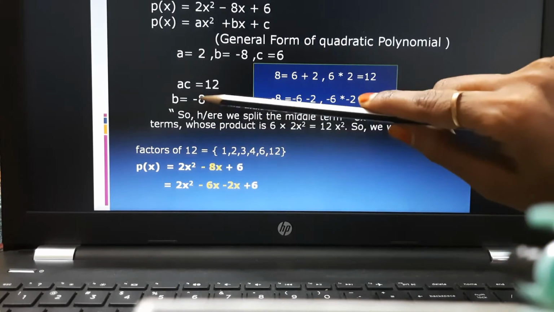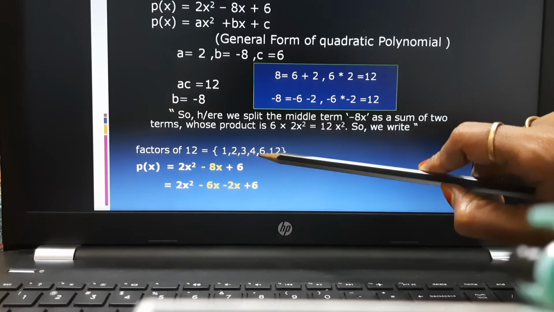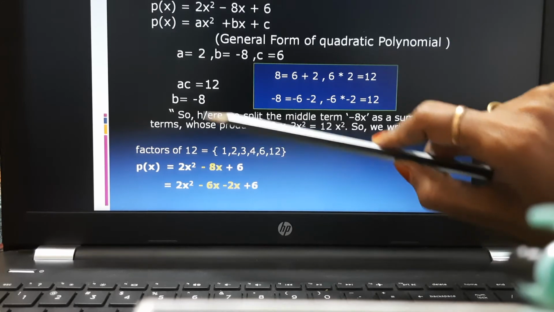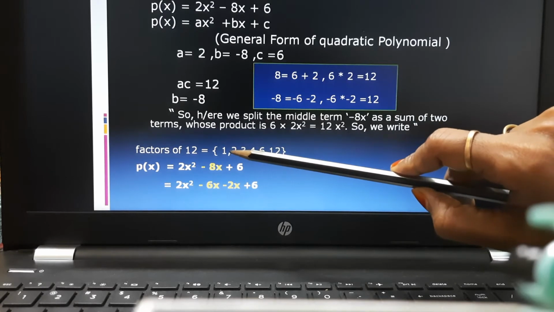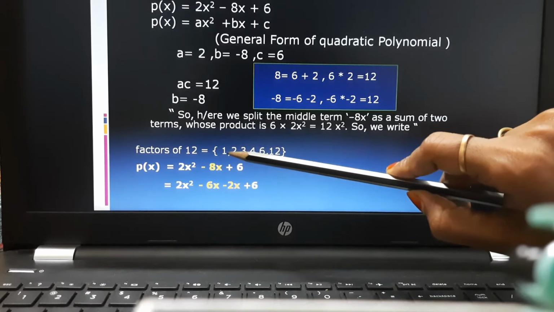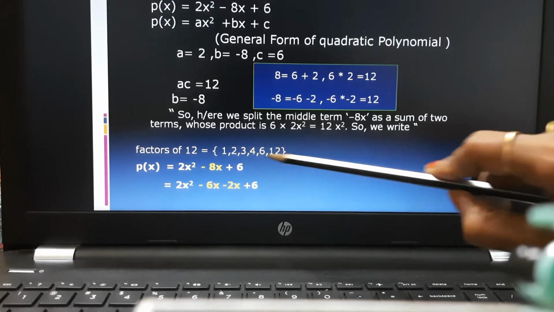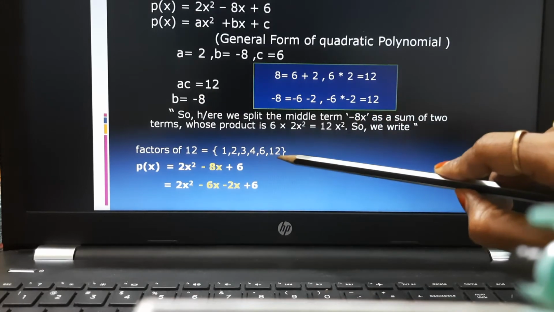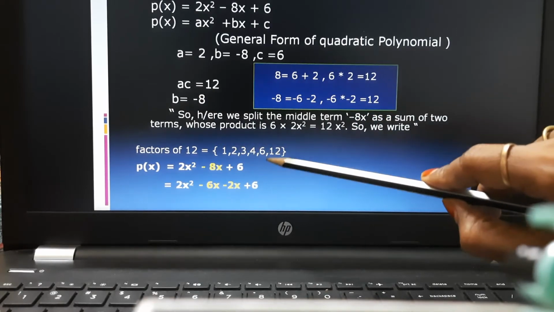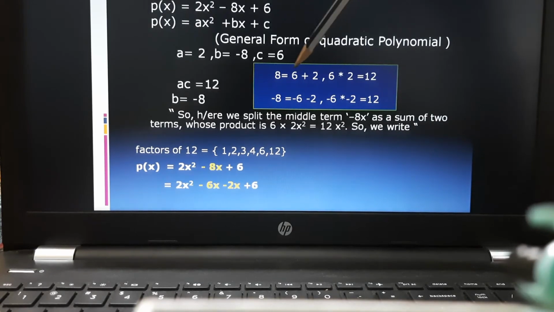See, 8 comes from 6 and 2. 6 plus 2 is 8, so we write 8 as 6 plus 2. To split the middle term, we take only the factors.